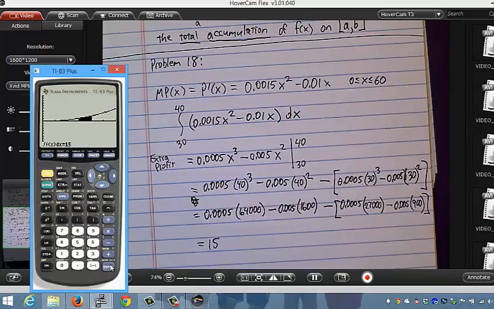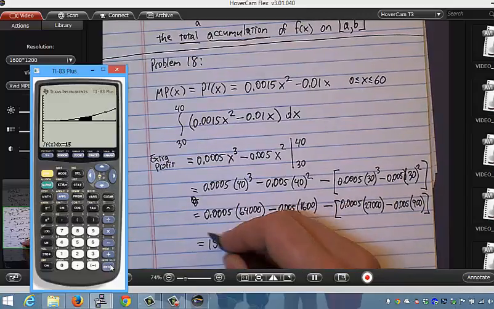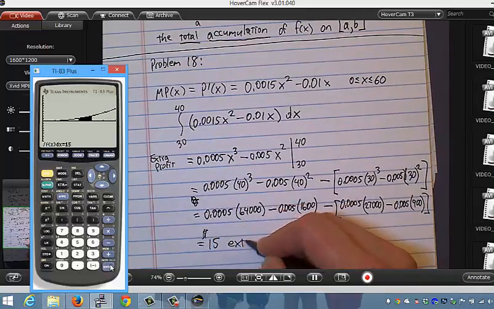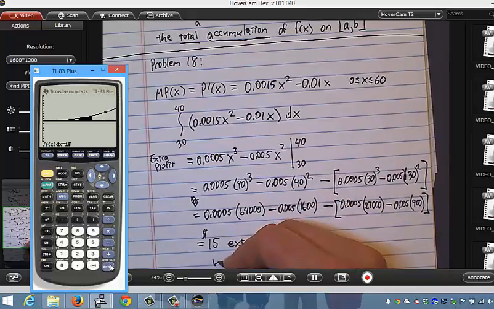So then you have to ask yourself, is it worth an increase in production? What would it take for me to increase my production level? Do I need to hire someone else? Do I need to pay overtime? I don't know. But yeah, $15 extra profit when production is increased.